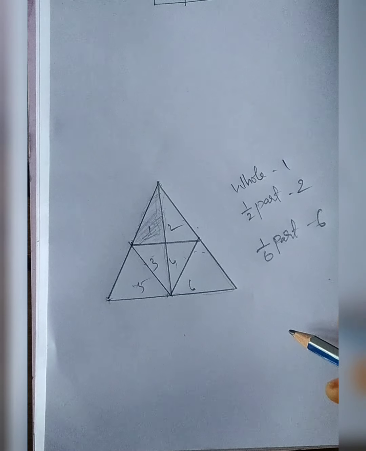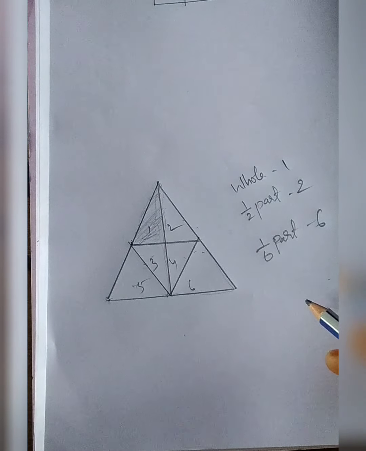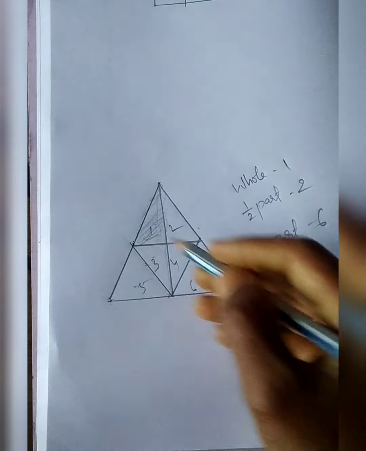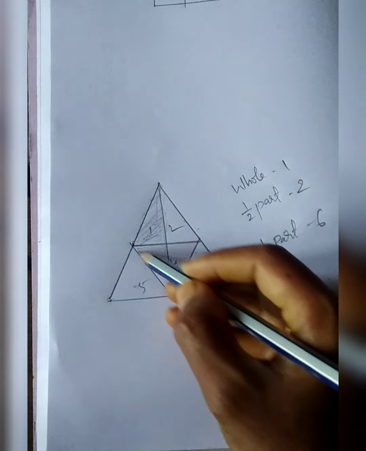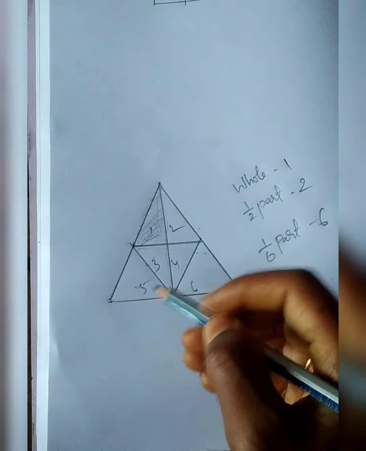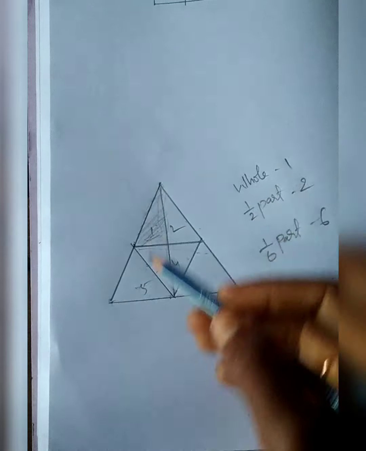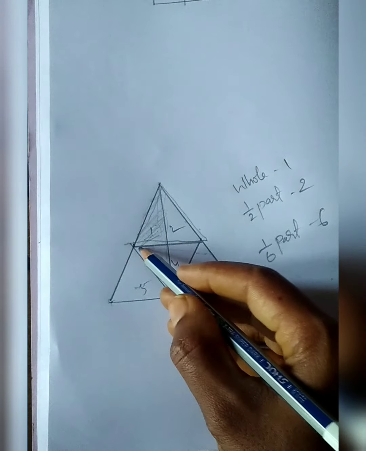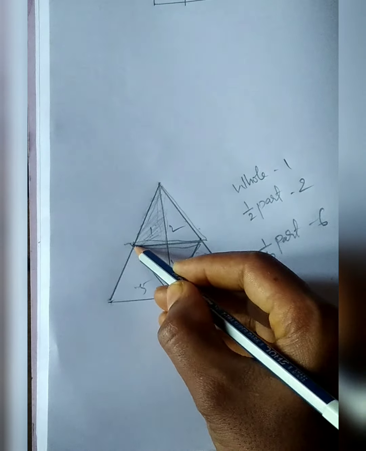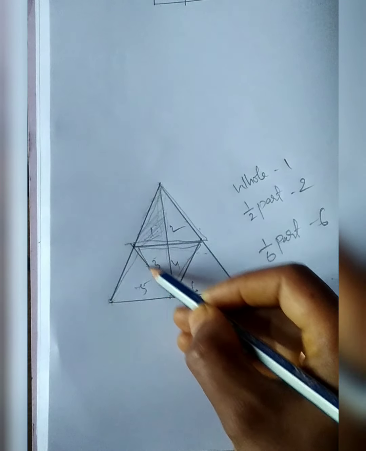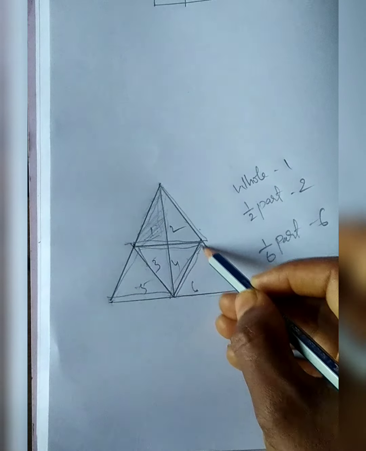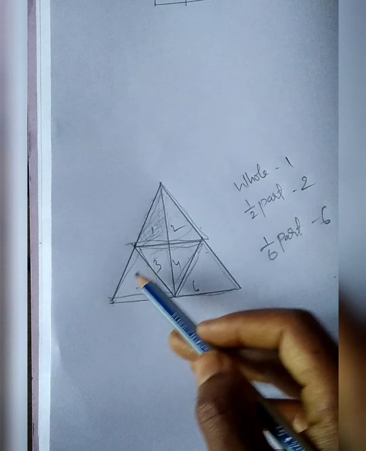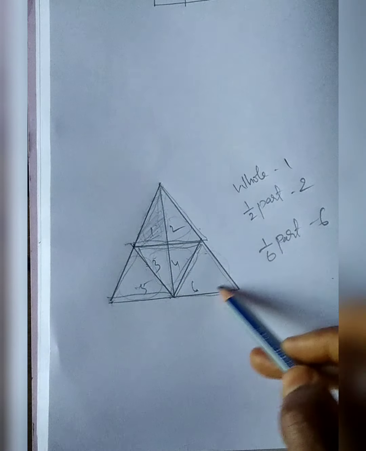Okay, now we will go for the 1/4 part. The total triangle is also divided into 4 equal parts by drawing one triangle in the middle of the big triangle. See here, you can observe 4 triangles like that. I'll explain. This is 1, this is 2, this is 3, and this is 4.